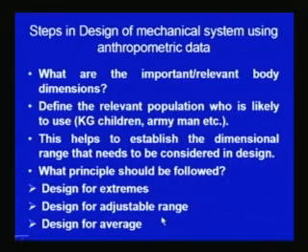The switchboard or tap in a public place can be used by a small kid, by children, by an adult, so a variety of people can use a given device. Under those conditions, the design for average is used, which indicates that this design will not be optimum for anybody, but it will cause less inconvenience to all those who will be using the given mechanical system.